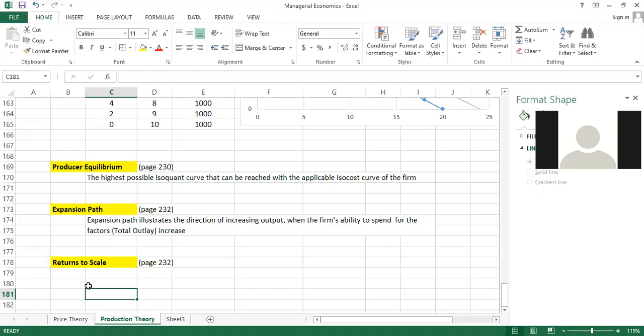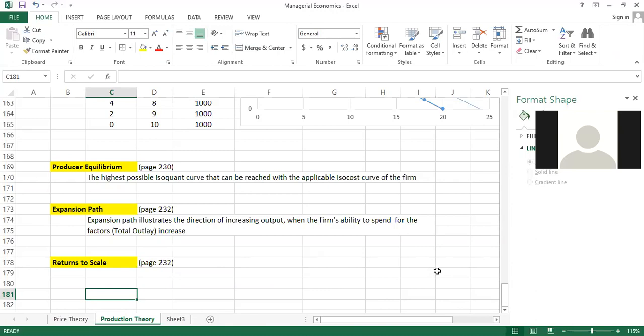Economies of scale means when the firm reaches a large output level, the firm is getting a benefit. What is the benefit? The cost per unit can be reduced. When the firm is increasing output continuously and reaches a relatively large output, the cost per unit, the average cost, can be reduced. That is what we call economies of scale.